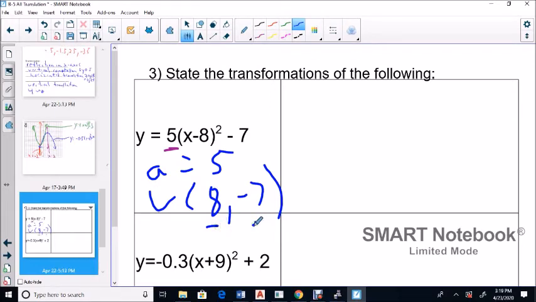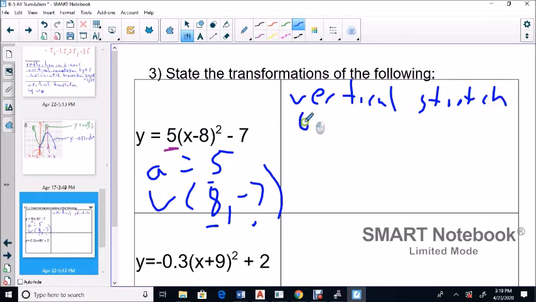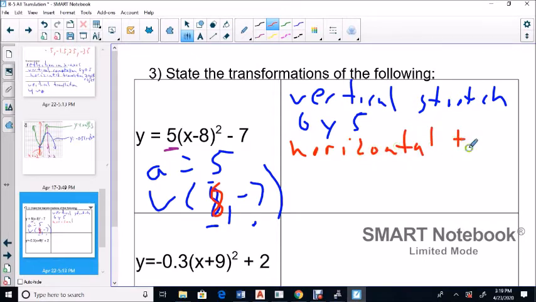So first, the 5. There's a vertical stretch by 5. Now the 8, so this 8 in the vertex, I'll use a different color there, 8. There's a horizontal translation there. 8, right.